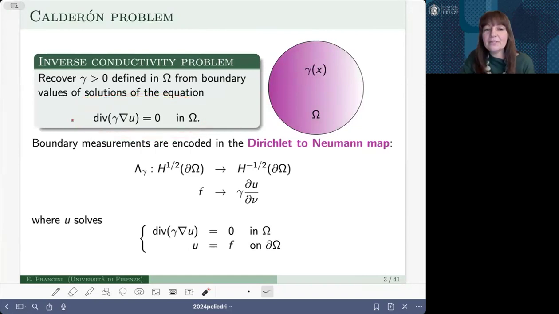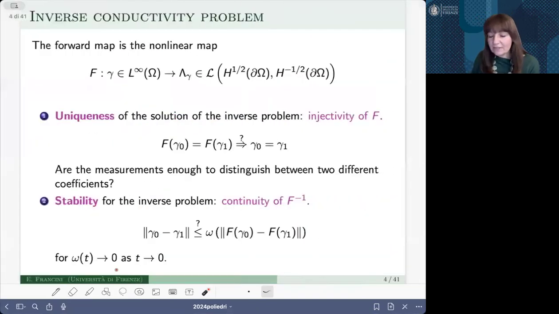And boundary measurements, since we are going to take all of them, are going to be encoded by the Dirichlet-Neumann map, which is a map that takes a function in H^{1/2} of the boundary to the conormal derivative of a solution of the Dirichlet problem connected to the coefficient gamma.